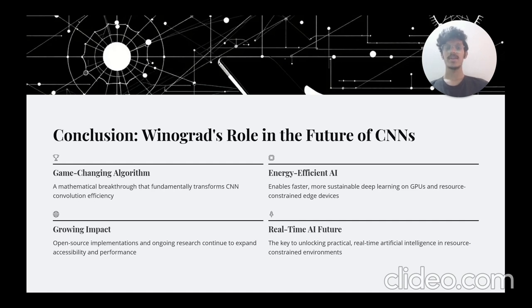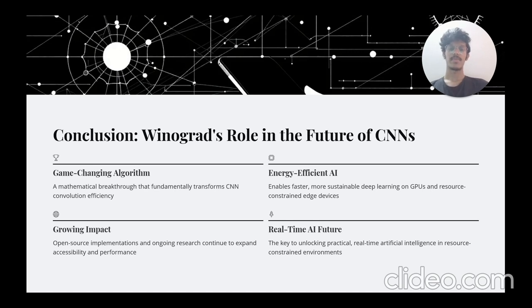So we conclude with Winograd's role in the future of CNNs. We can't take away the fact that this is a game-changing algorithm. It is a mathematical breakthrough which has transformed convolutional neural networks and their efficiency.